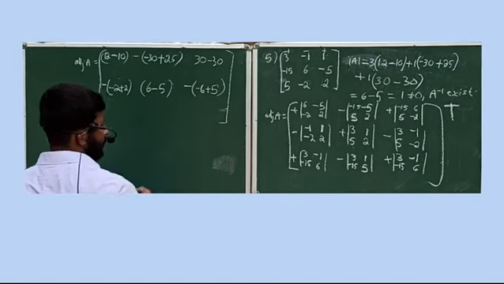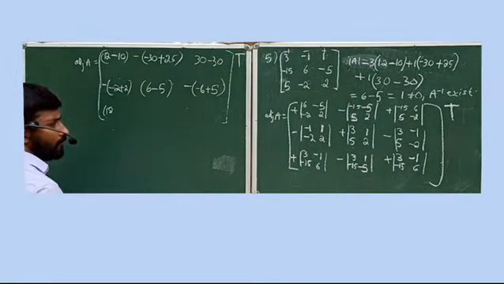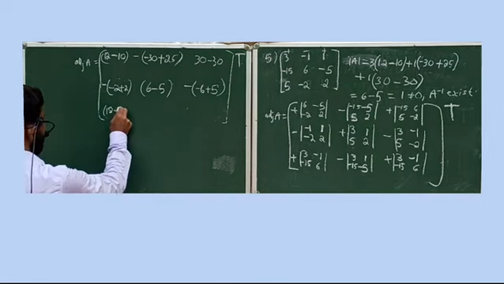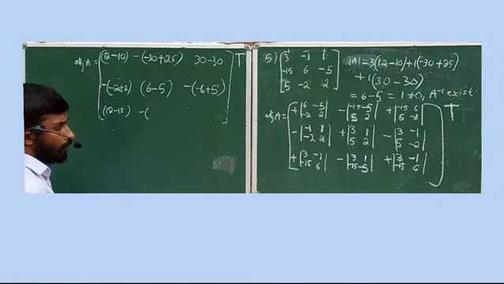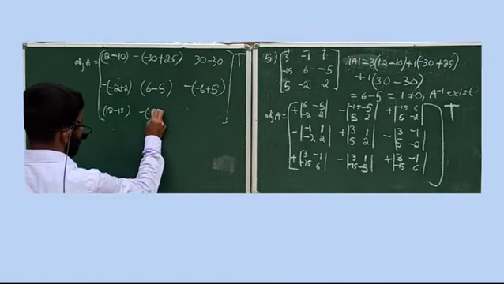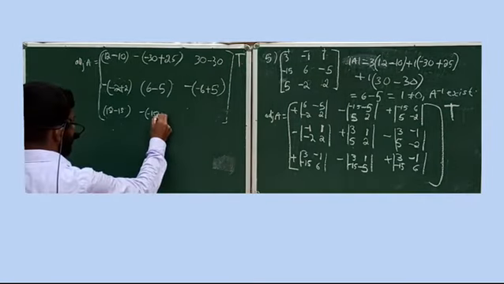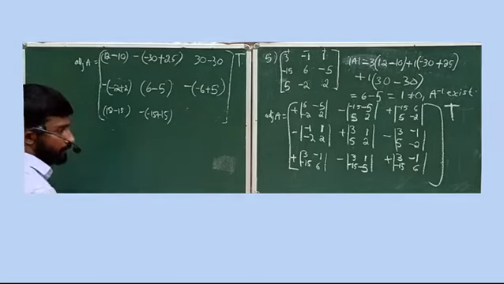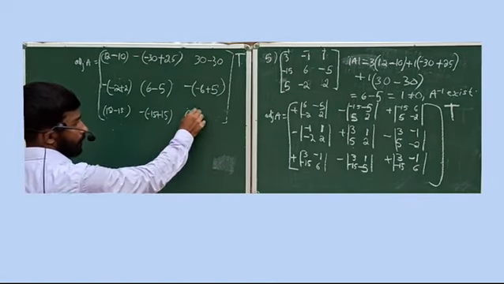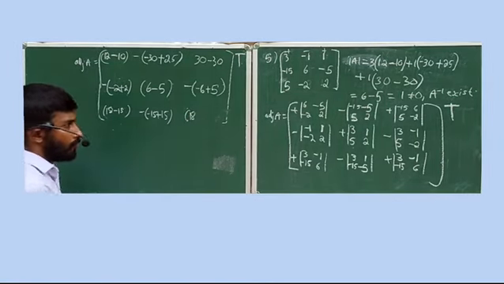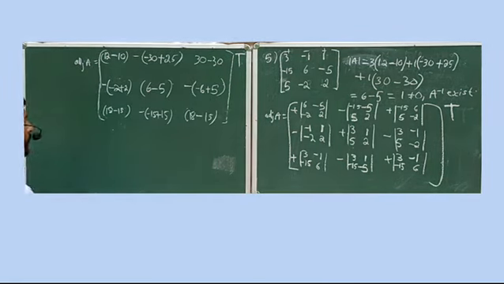Now see the third row entries, 3 into 6 is 18, minus 15 into minus 1 plus 15, but here minus 15 because 1 minus from the formula. Minus sign outside, minus 5 into 3 is minus 15, then minus 15 into 1 is minus 15, but here plus 15 because 1 minus is there in the formula. Then plus sign outside, 6 threes are 18, minus 15 into minus 1 plus 15, minus this is by formula, it's a minus 15. Transpose is there.